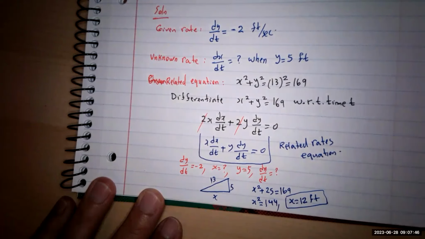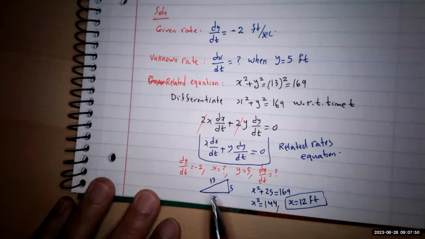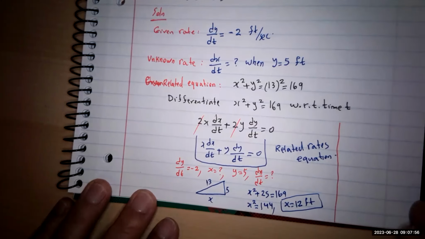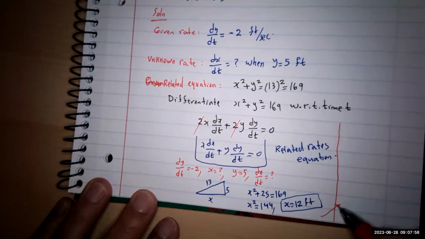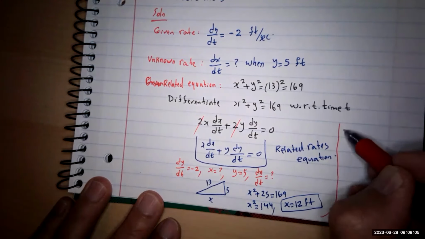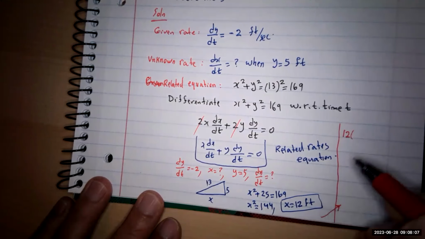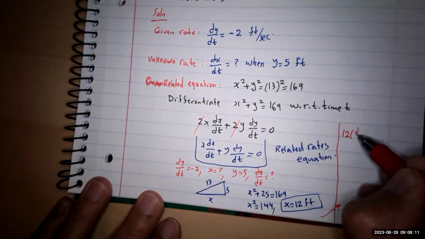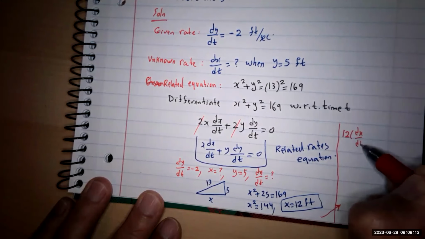Now we are ready to substitute to get the final answer. You substitute all the numbers that you have. X is equal to 12, so that gives you 12 times dx/dt, which is the unknown.